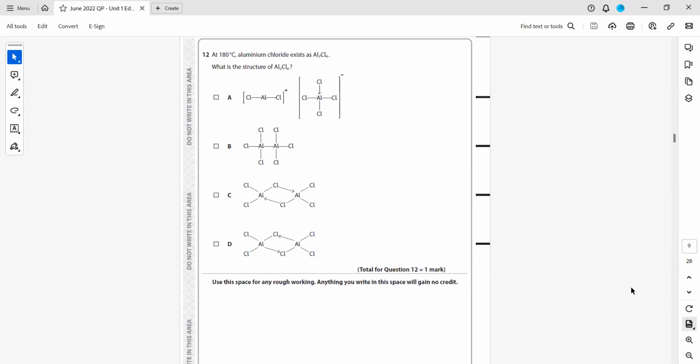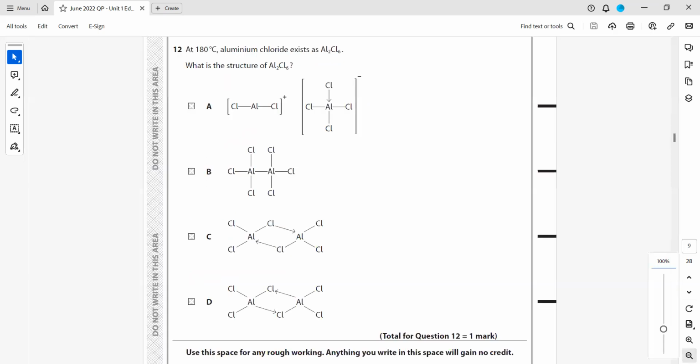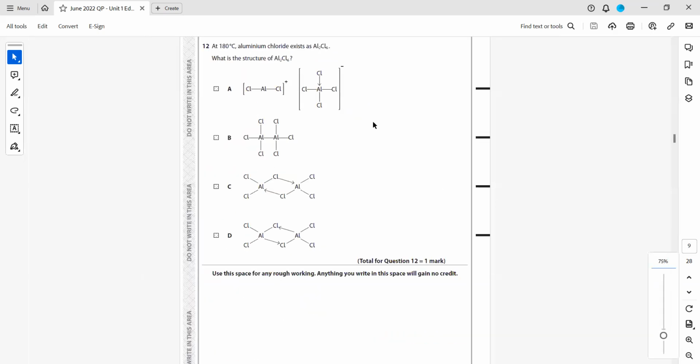In question 12, at 180 aluminum chloride exists as Al2Cl6. What is the structure? A dative bond is there between aluminum and chlorine. It is AlCl3 and another Al.